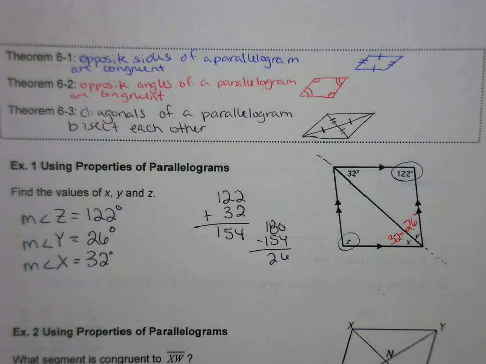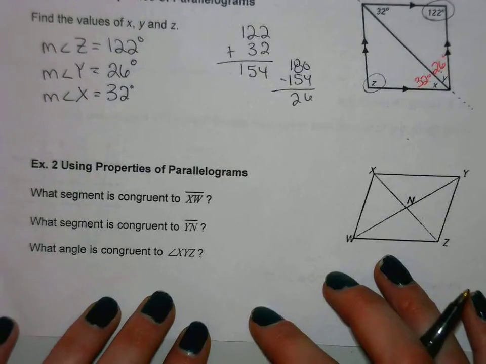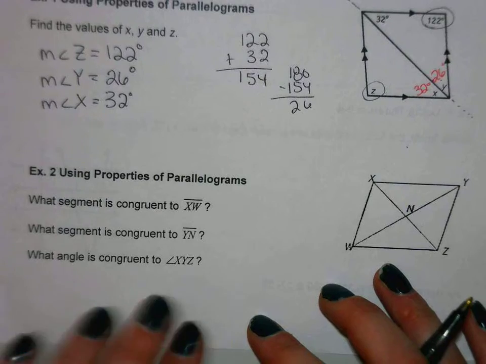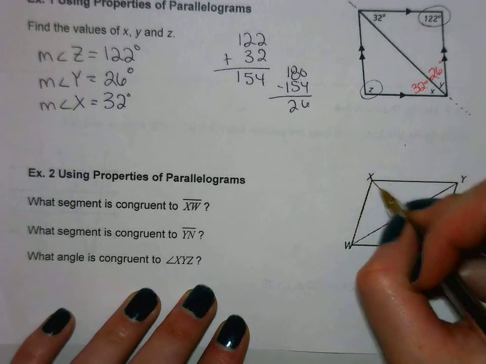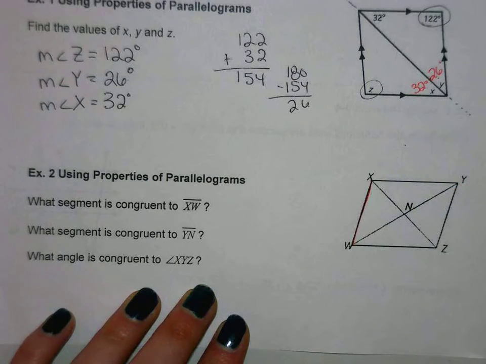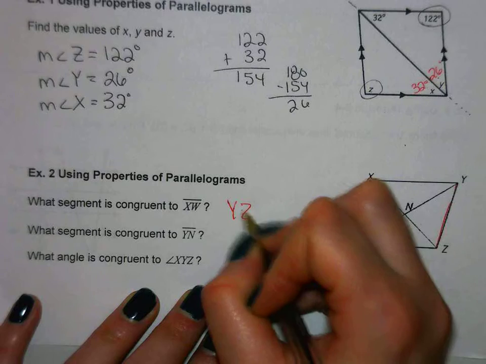Okay, let's take a look at example 2. We are going to be naming and finding which segments are congruent to each other. So we have segment XW, so this side right here, and that's going to be congruent to this side over here, so it's congruent to YZ.